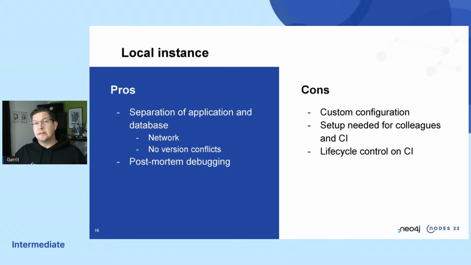But if you introduce it to your whole test suite, that you assume that everybody has an instance running, you have to take care about custom configurations. So typically dot files or etc.conf or whatsoever to share with your colleagues and to deploy it on CI. But you also have to take care about the lifecycle management of those machines.